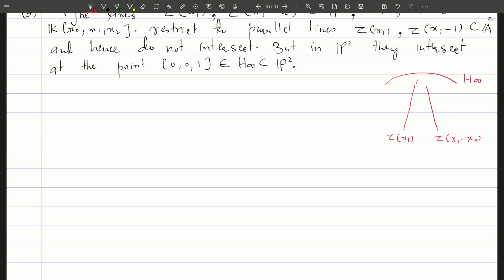They are going to intersect at this point over here, which is the point (0, 0, 1). So this point lies on the line at infinity. Now we have one more example here.